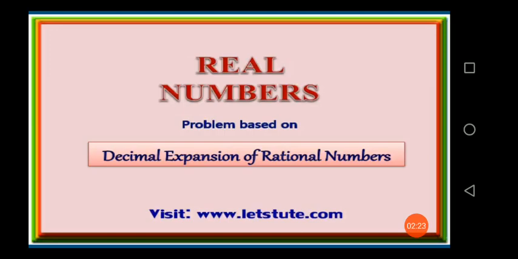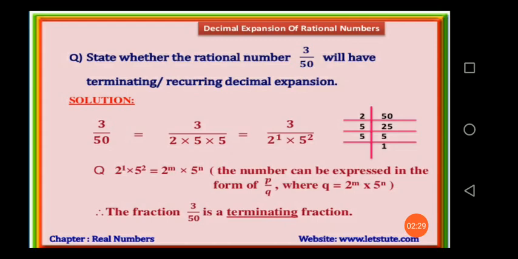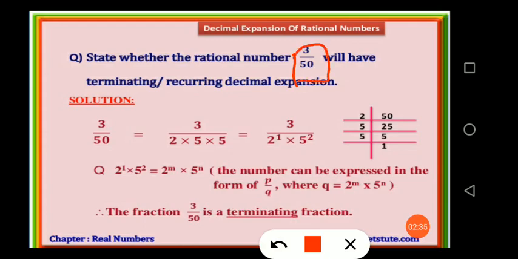Okay, we will solve some questions to make things clear. Now the question is: state whether the rational number 3 by 50 will have a terminating or recurring decimal expansion. According to the theorem which we have just studied, if the given number, like 3 by 50 here, is in standard form, which means we cannot further simplify it, then we will find the prime factorization of the denominator.